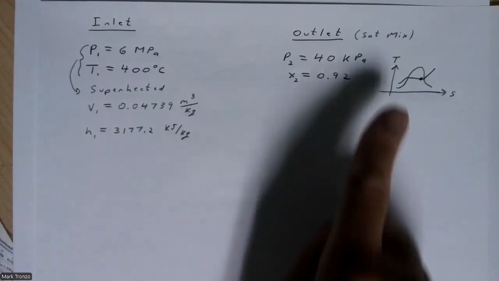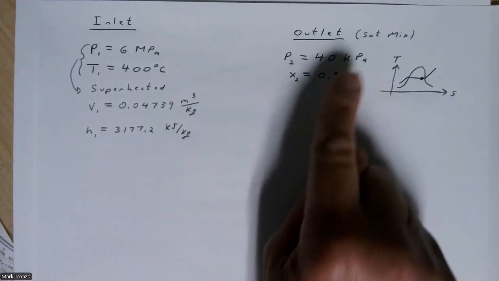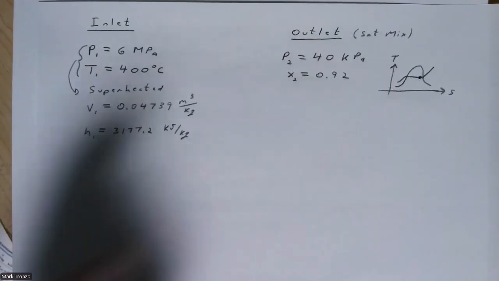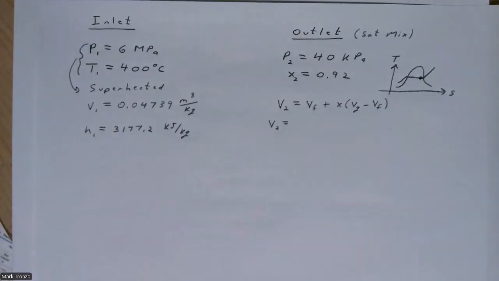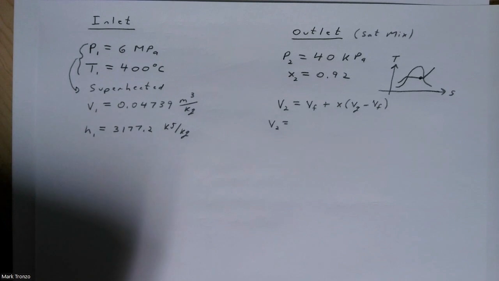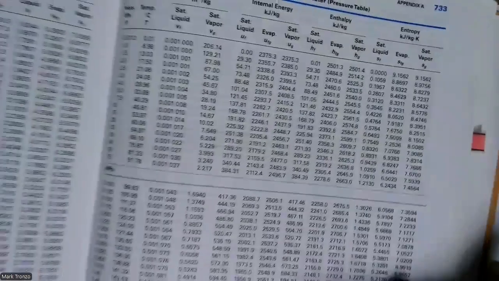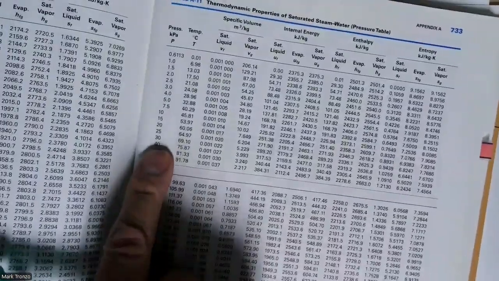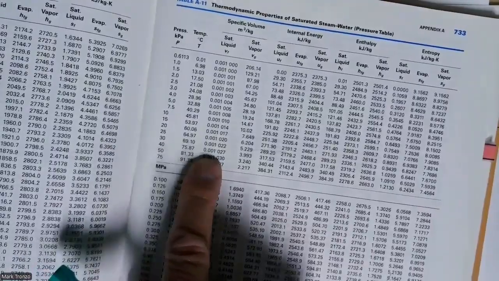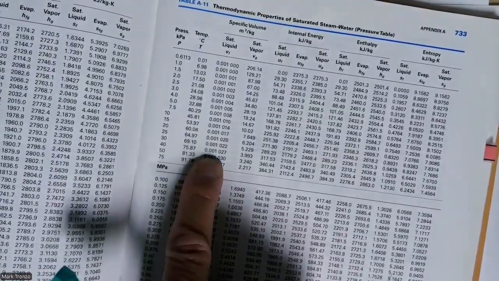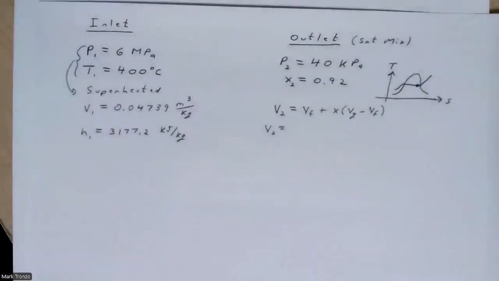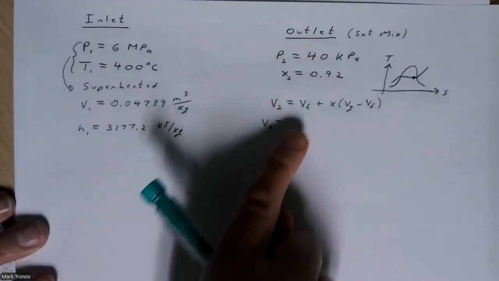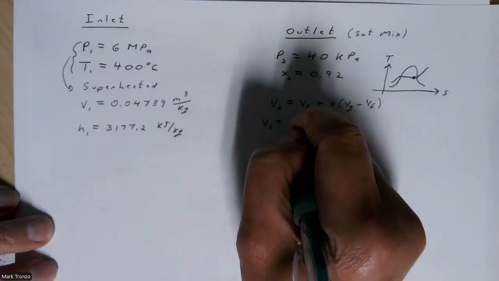Now for the outlet, we know because we're given a quality, we already know it's a saturated mixture. And so since we're saturated at 40 kPa, we use this value for VF, this value for VG, and of course put everything into this equation here.